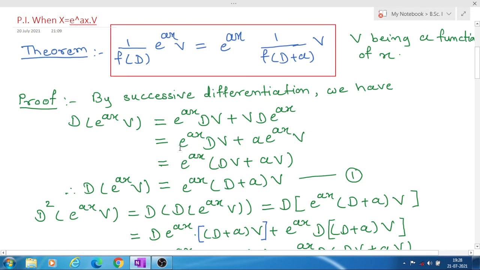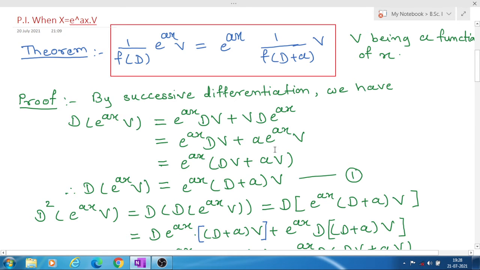Here dv remains as it is because we don't know what v is. The derivative of e raised to ax is a e raised to ax, therefore a into e raised to ax into v.